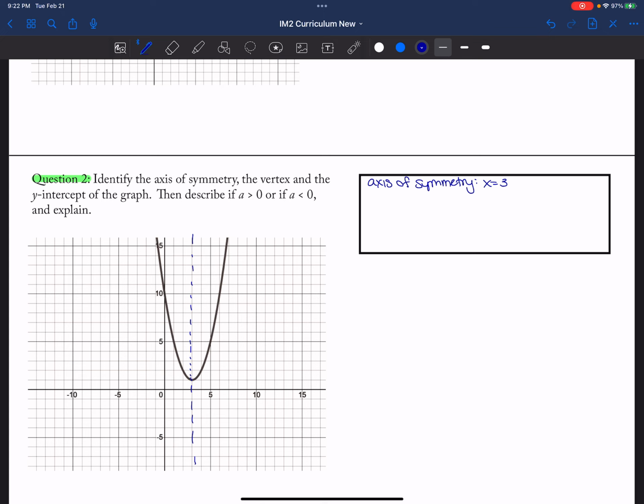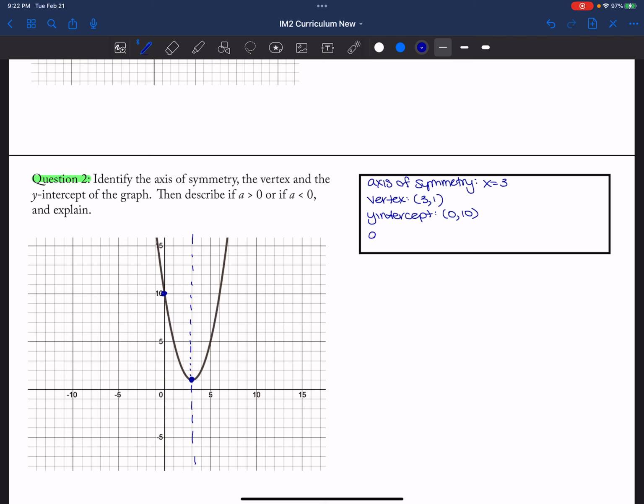And then my vertex is 3 comma somebody, which in this case is 1 because it's down here at 1. And then my y-intercept is at 10. And that is a coordinate point of 0 because there's no x, comma 10.